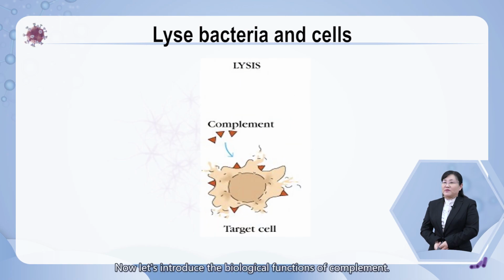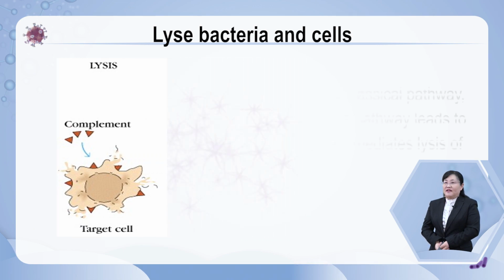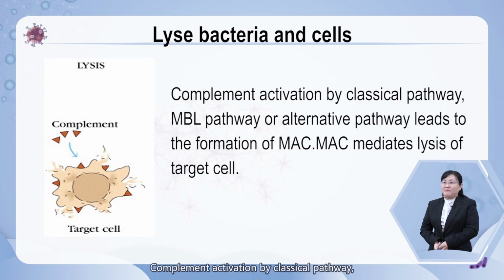Now let's introduce the biological functions of complement. Complement activation by the classical pathway, MBL pathway, and alternative pathway leads to the formation of MAC. MAC mediates the lysis of target cells.